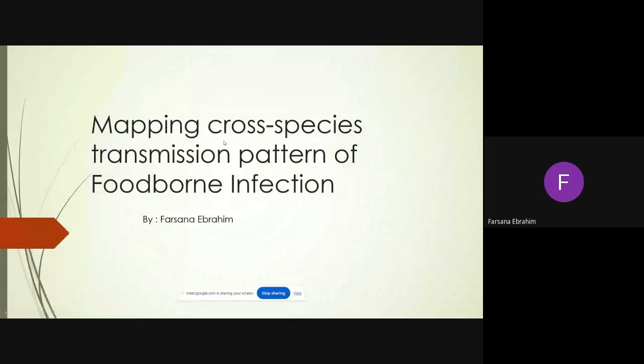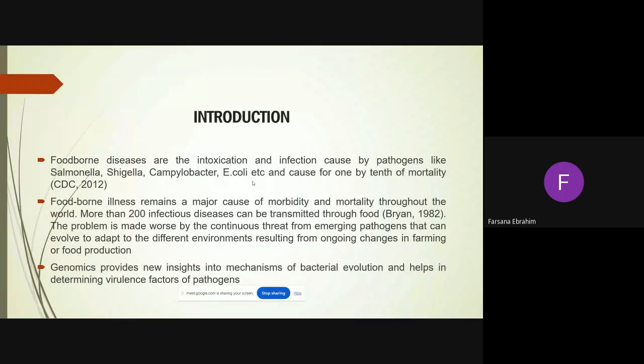Hi, myself Hasana Ibrahim. I'm here with the topic mapping cross-species transmission pattern of foodborne infection. Foodborne diseases are the intoxication and infection caused by pathogens like Salmonella, Shigella, Campylobacter, E. coli, etc. And this causes 1/10 of the mortality, as reported by the CDC in 2012.